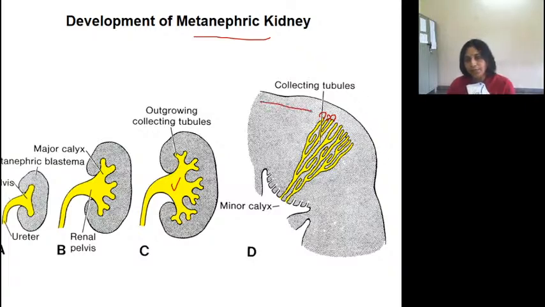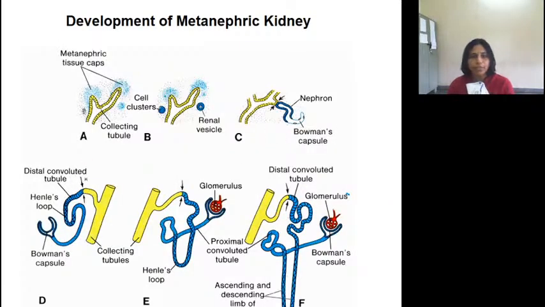It is going to give rise to the cortex of the kidney, where you see the number of nephrons, and also a part of the medulla where you see the nephrons in the medulla. Finally these are going to drain into the papilla of the pyramid here, and we can see how these collecting ductules or collecting tubules are opening into the minor calyx. So that's how we see the formation of the metanephric tissue.